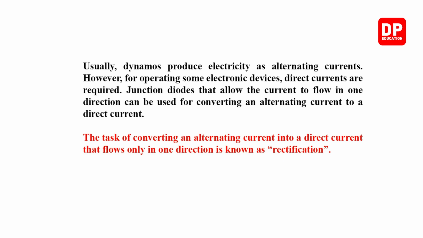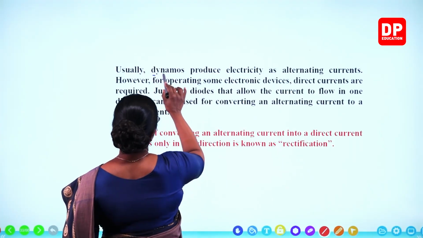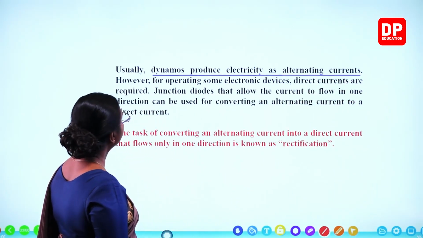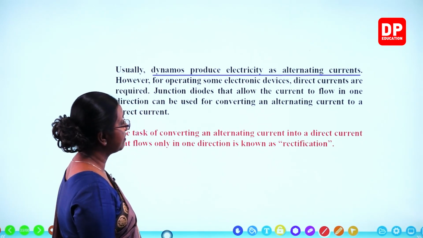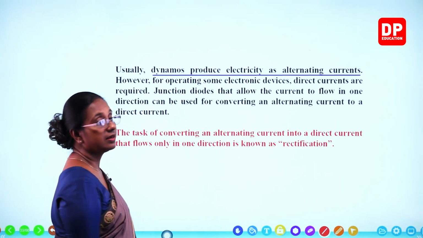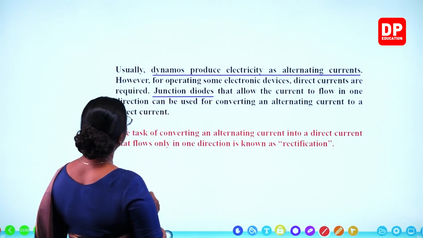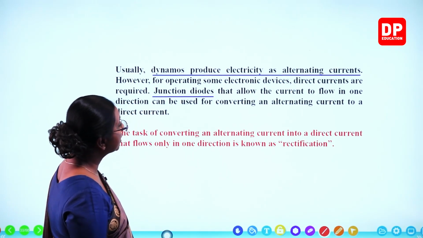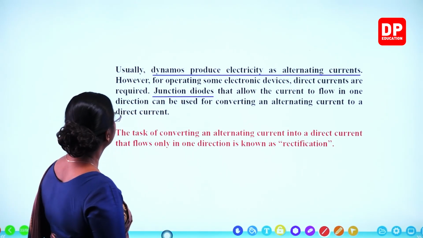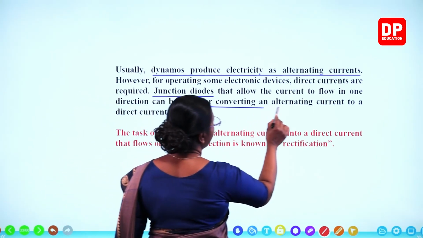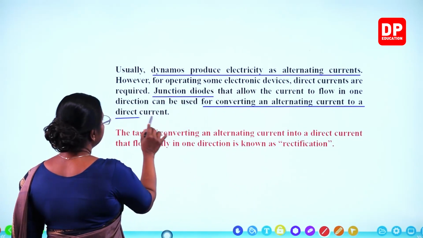So here you can see, usually dynamos produce electricity as alternating currents. So what I told you, dynamos produce electricity as alternating currents. However, for operating some electronic devices, direct currents are required. Junction diodes that allow the current to flow in one direction can be used for converting an alternating current to a direct current.